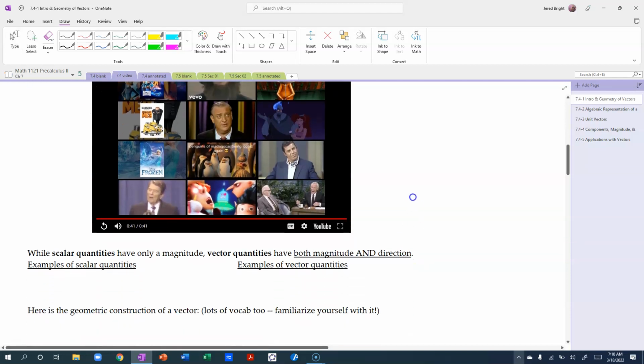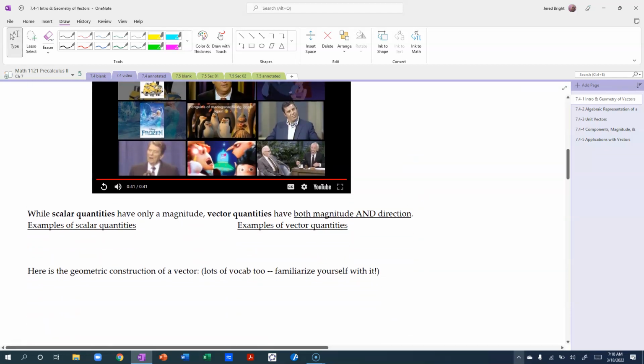And so Vector summarized what a vector is, but before we go in and talk about their geometry specifically, he noted that a vector has both magnitude and direction. Well, not all quantities in the real world have magnitude and direction.